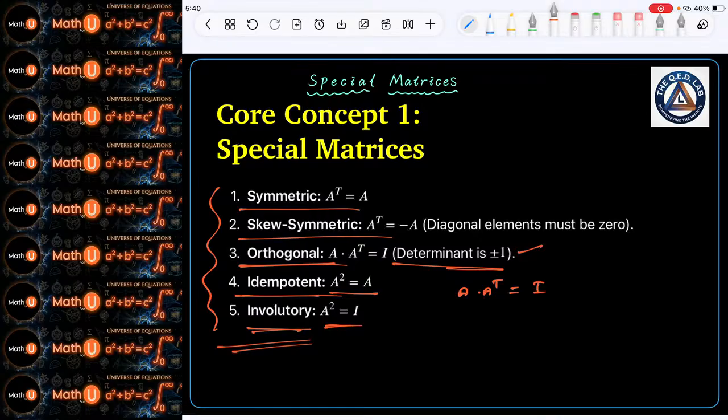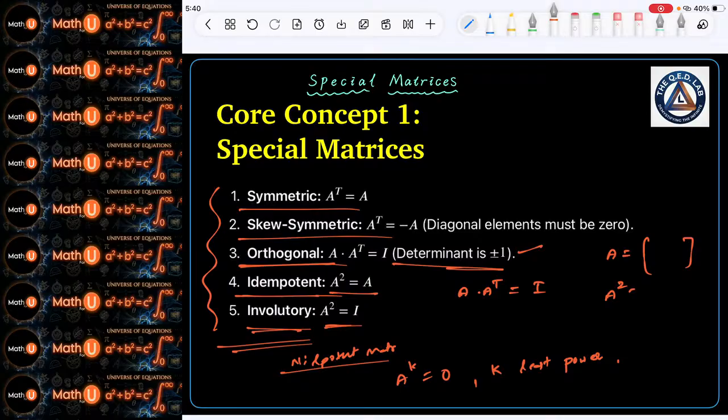And nilpotent matrix is there, that is also important. Nilpotent matrix means A raised to the power k is equal to 0, where k is the least such power. For example, if some non-zero matrix A is given, and you take A square, again we get a non-zero matrix.